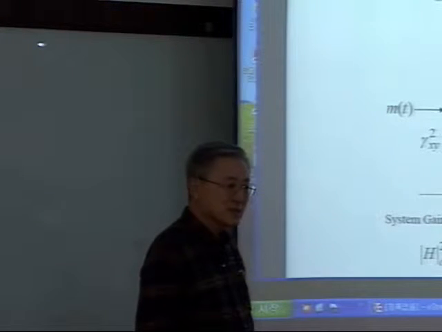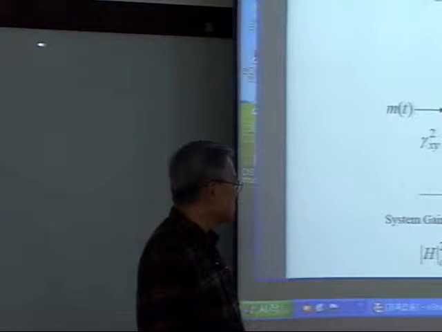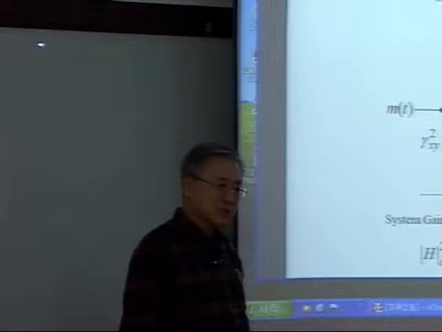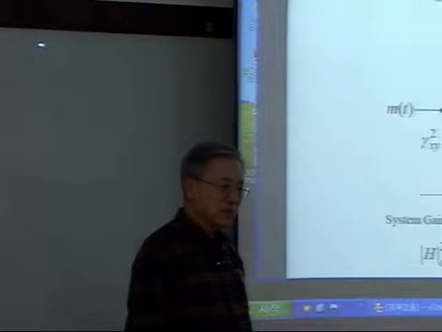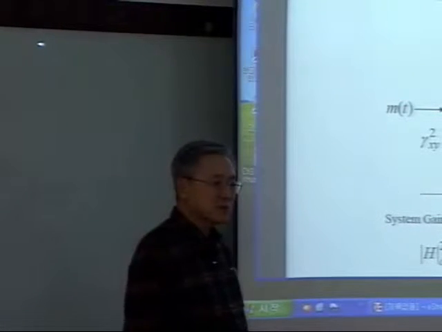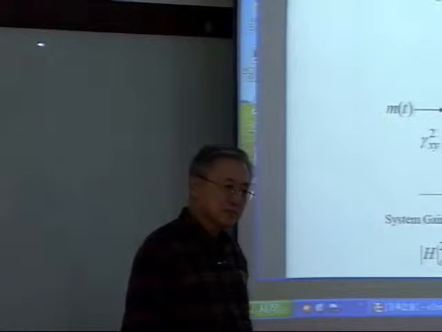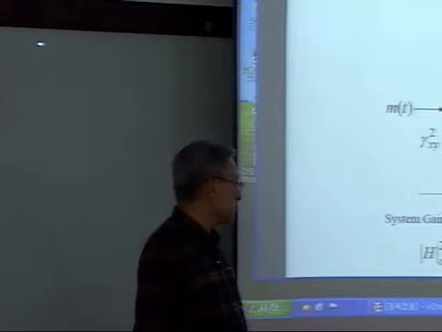So yes. And whenever you see H absolute, which is a magnitude, it is called the gain factor. It is always called the system gain factor because H represents the system. Whether it's squared or not squared is immaterial.